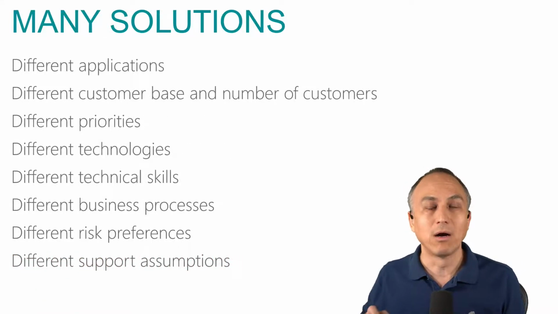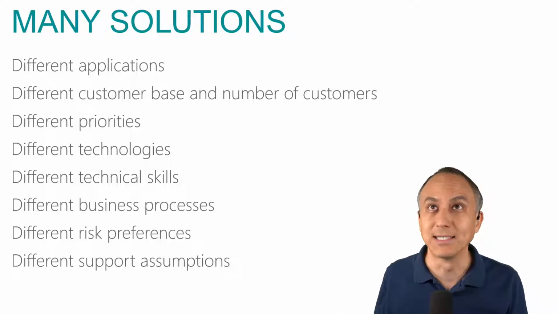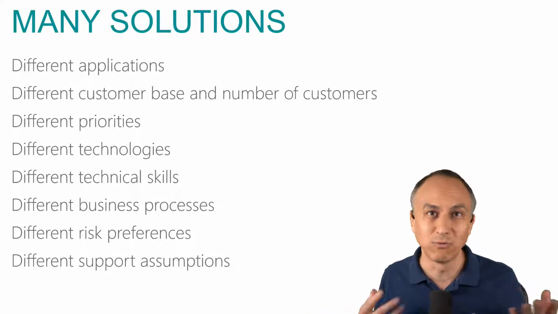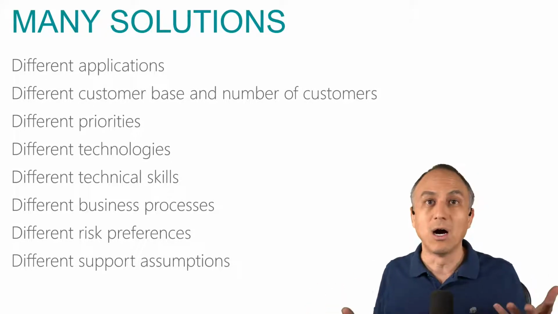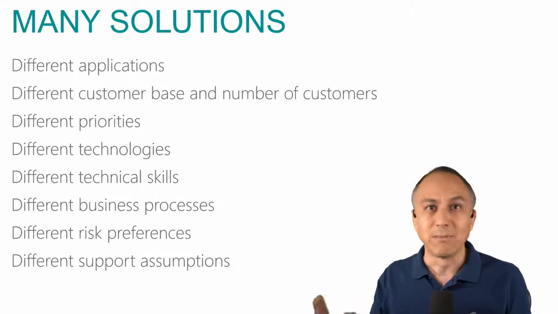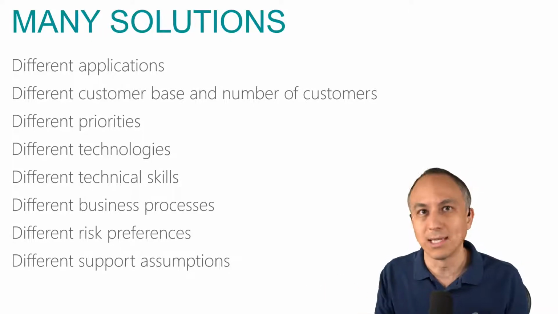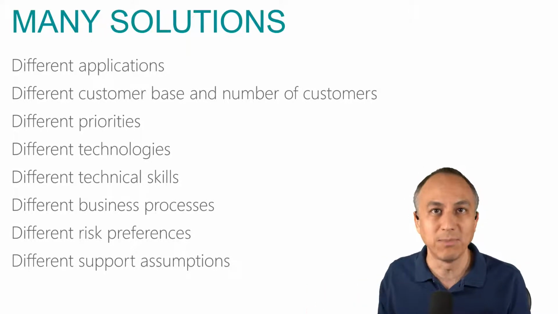Now, there are a lot of ways to tackle these things that I'm going to talk about, right? There are many ways to skin a cat, as they say, lots of solutions, lots of ways of accomplishing this for your organization and your app. So lots of different applications. Depending on what app you're developing, what it does, how it operates, some of these may not be relevant.